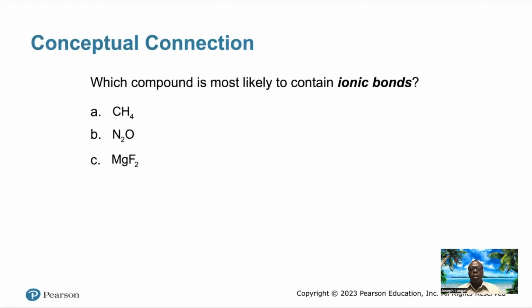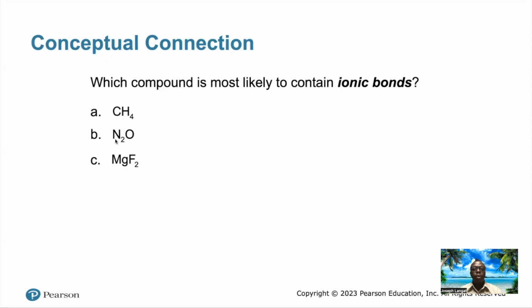Here is a conceptual question which I want you to make your own notes on. Ionic compounds have ionic bonds, covalent molecules have covalent bonds. If I look at this question, the correct answer is C. Ionic bond exists between a metal and a non-metal. Carbon is a non-metal, hydrogen is a non-metal, so here we have covalent.